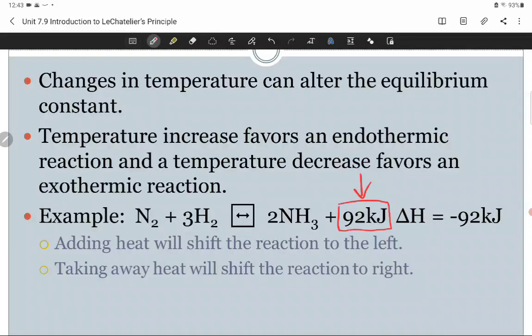And people do use those methods to manipulate these reactions to either try to produce more product or make the reaction go slower. In this case, this is ammonia. Ammonia is a nice building block for fertilizers and explosives, and a lot of people manipulate this reaction, and they can do it a number of ways, including with the temperature.